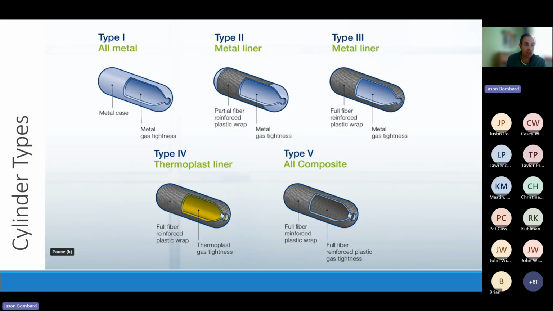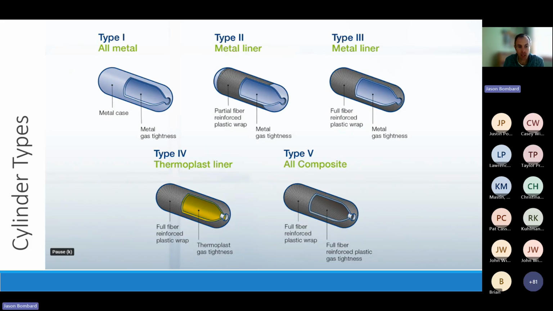So there's 5 basic types of cylinders. Type 1 is your most common. That's your all metal cylinders. And then you would get into some composites. Type 2 is a composite cylinder with a metal liner that's wrapped around the circumference of it.